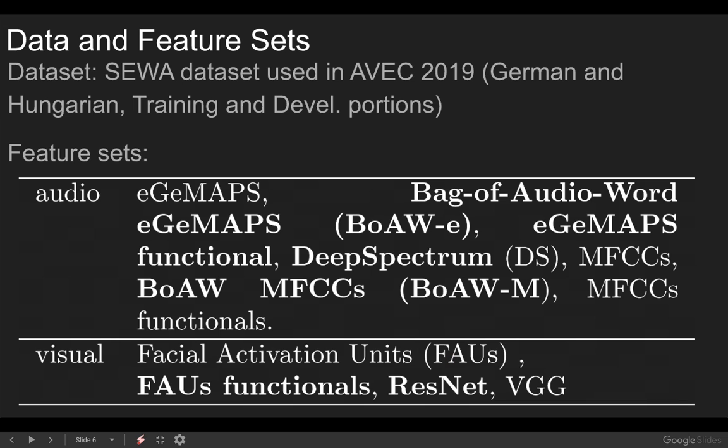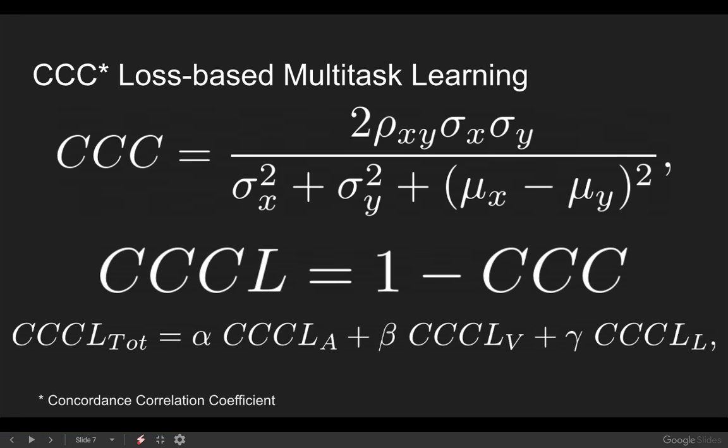Let's move to the methods. First, we use a CCC loss-based cost function. CCC is the acronym of concordance correlation coefficient.